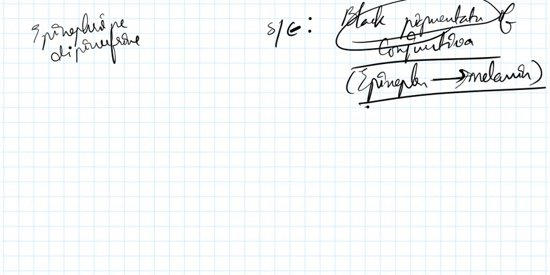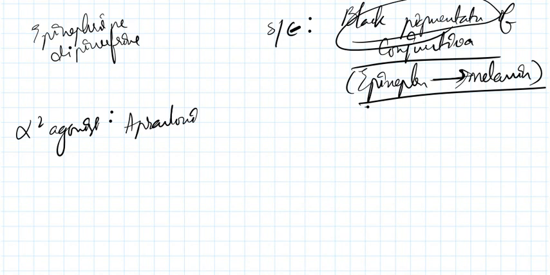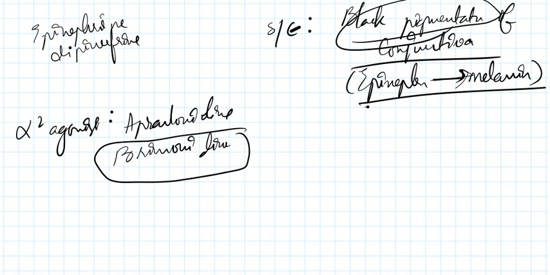Okay. Now the next drugs are alpha 2 agonists. What are the alpha 2 agonists? Apraclonidine and brimonidine. Guys, remember brimonidine. It is mostly used for glaucoma in practical purposes.